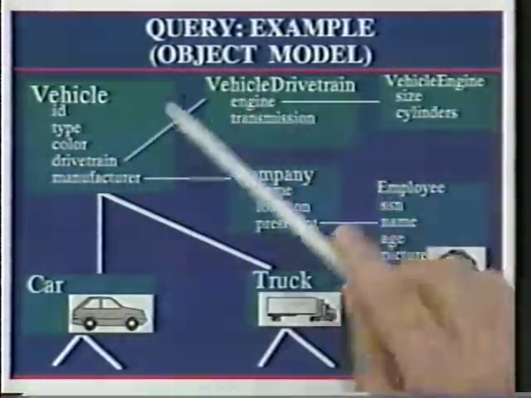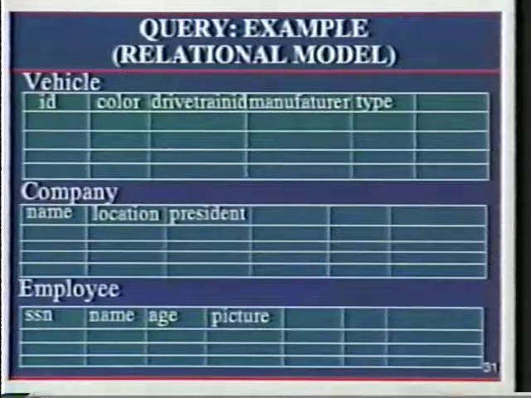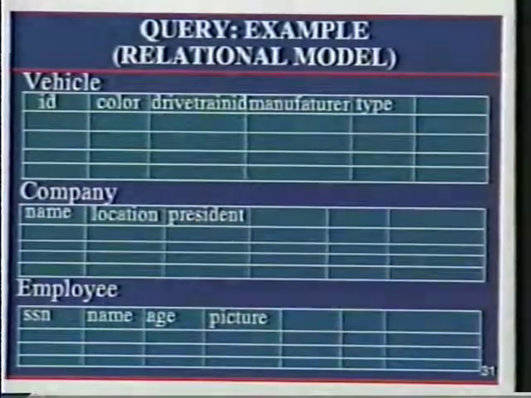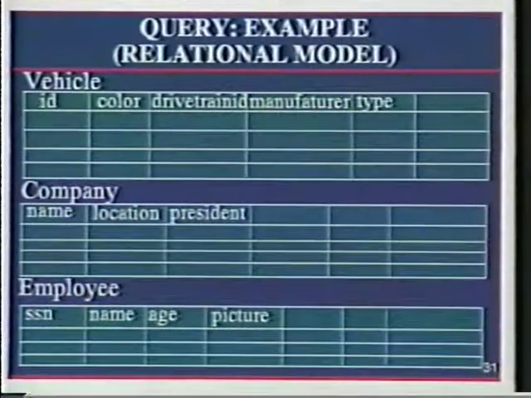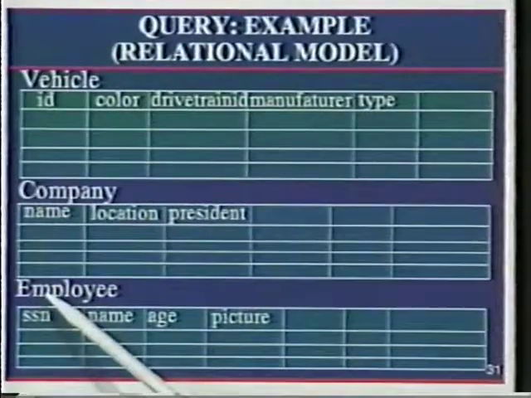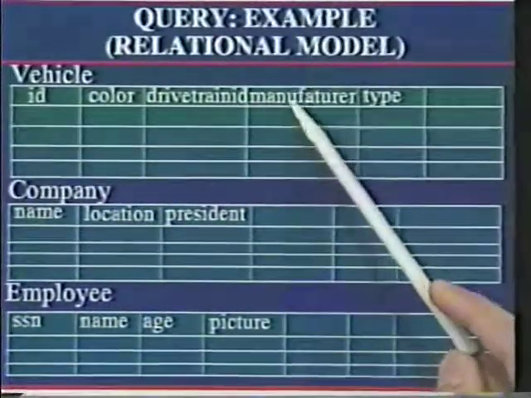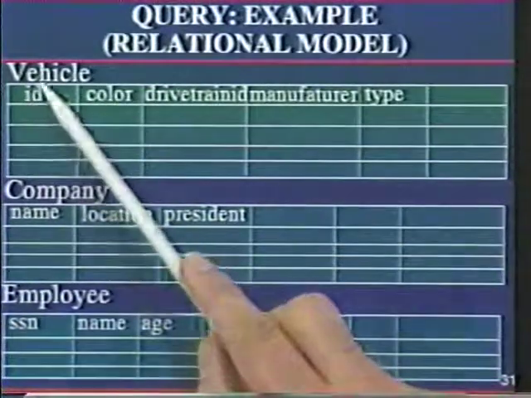In a traditional relational model, because of normalization, we cannot do that. So we have to take this rich complex structure and break it down into flat files. I have broken the objects into the following flat files: vehicle, company, and employee. The way I point from vehicle to employee is through this manufacturer, which is a foreign key, and vehicle ID is the primary key here.